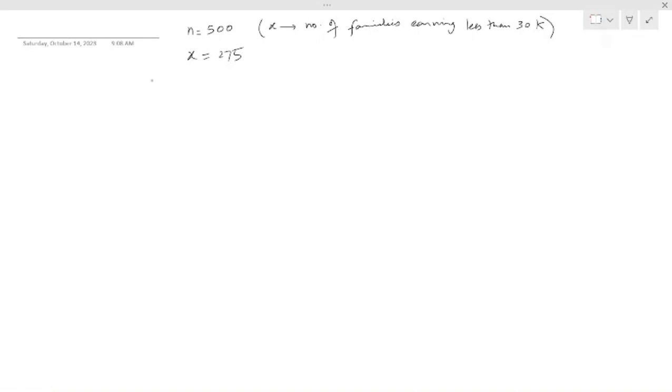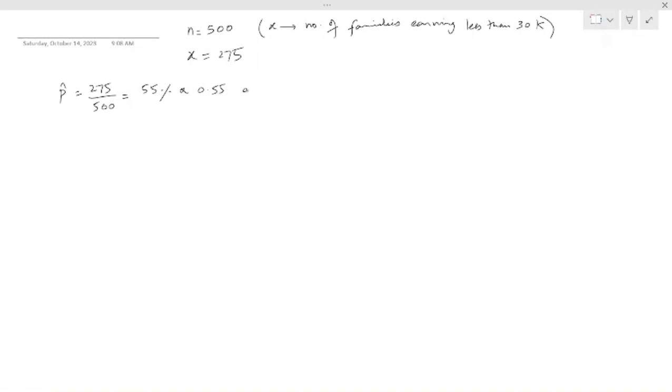So we first estimate the sample proportion, that is 275 divided by 500, which gives us 55% or 0.55.